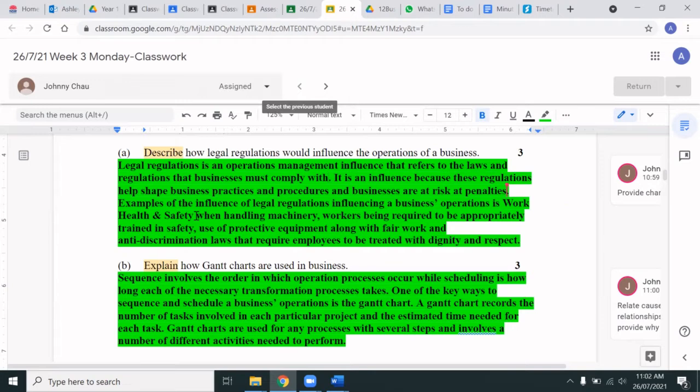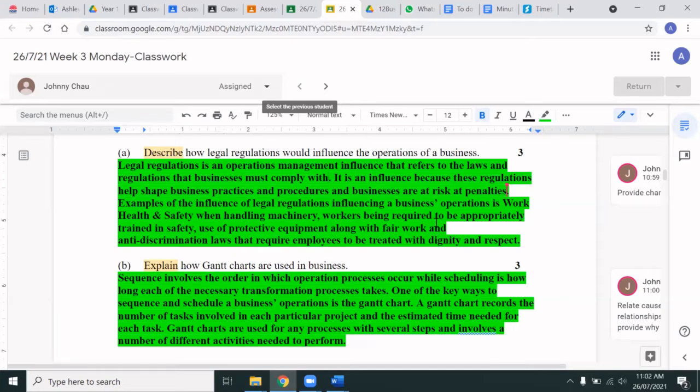Yep. Now, even better, if you know the actual date of the legislation, that's good. When handling machinery, workers are required to be appropriately trained in safety and use protective equipment. Good. Now, you've also got here fair work and anti-discrimination laws. Yep. Now, keep in mind the topic here is operations.